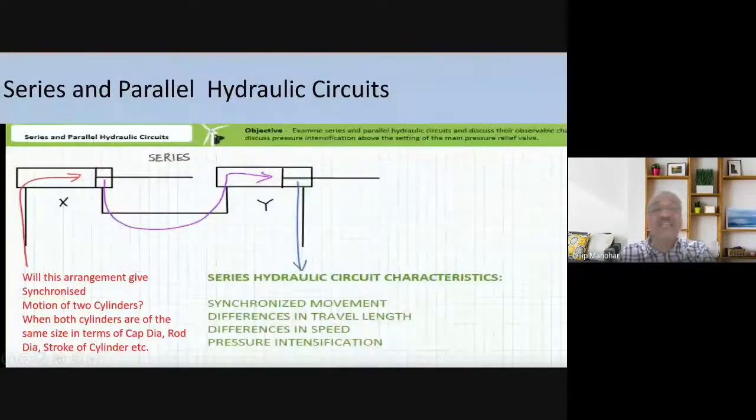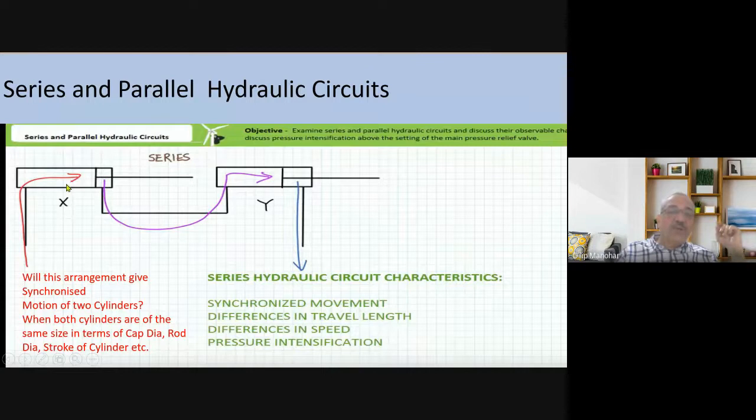Now the next slide covers some series and parallel circuits. With this arrangement, how do we connect two cylinders in series? When two cylinders are connected in series, the output of cylinder X is given to cylinder Y, and the output of cylinder Y is connected to tank.